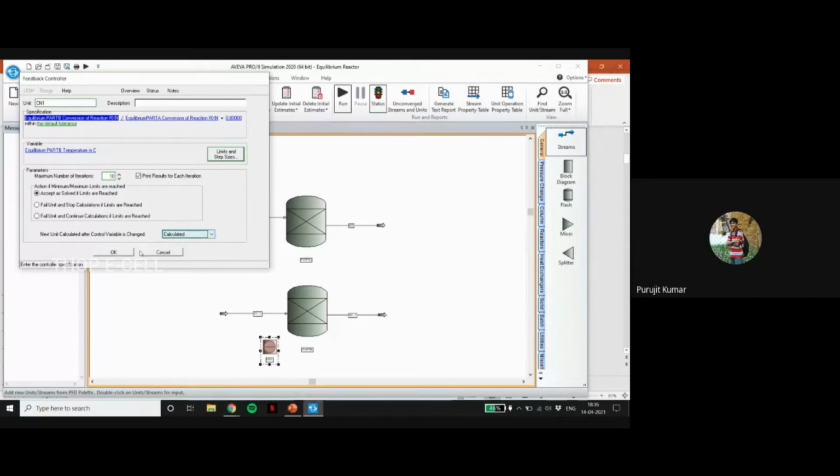What we wanted was not 80% conversion, but 80% of the conversion of the first reactor. That is 15 times 0.8, which is close to 12%. So here we did the same thing: equilibrium conversion of the second one divided by the first one is 0.8.